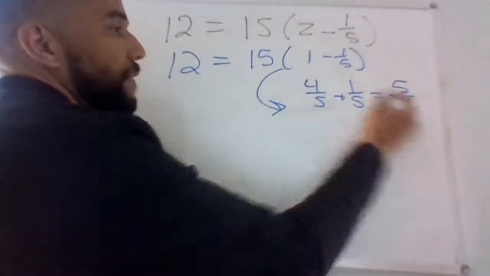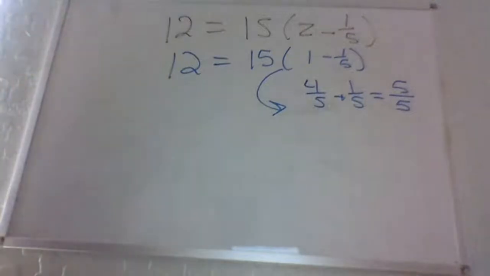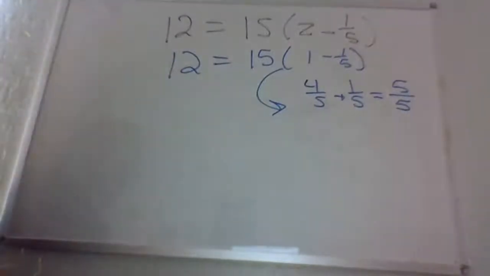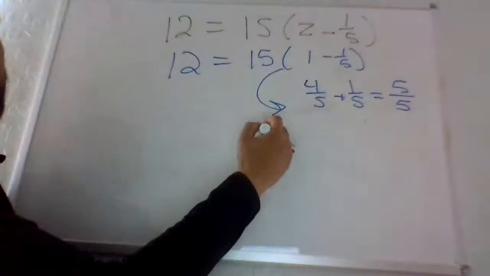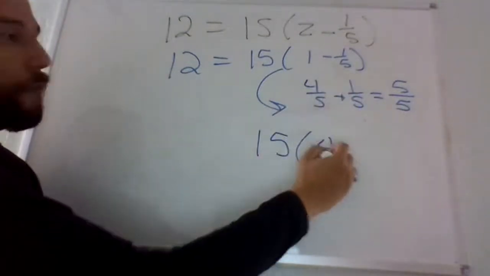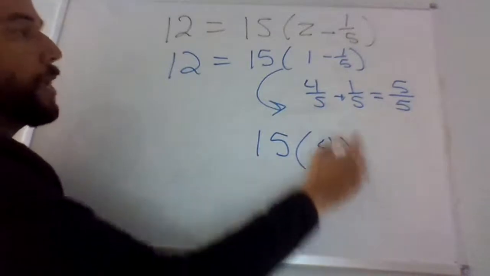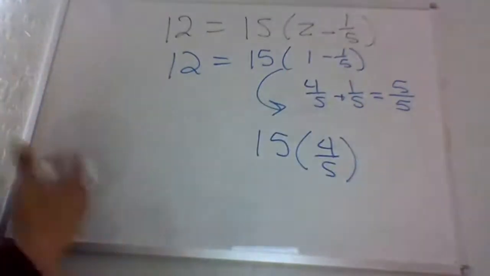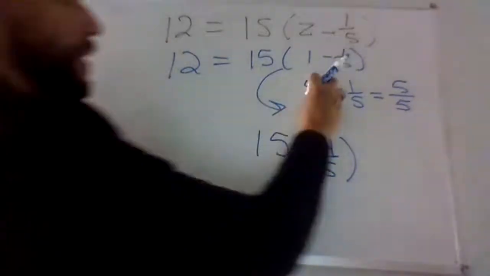And what is 5/5? What does 5/5 really mean? 1 whole, right? So if that is 1 whole, then what we're really saying here is that we have 15 multiplied by 4/5, right? Because 1 subtracted by 1/5 is 4/5.